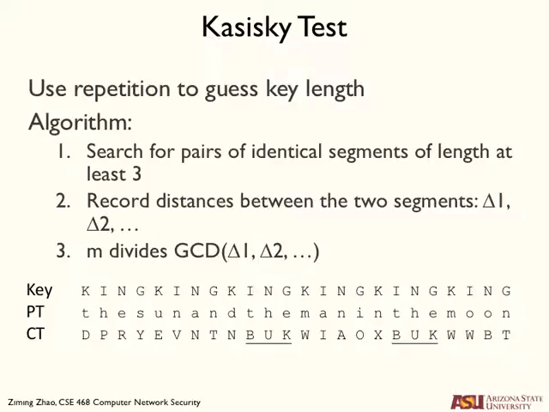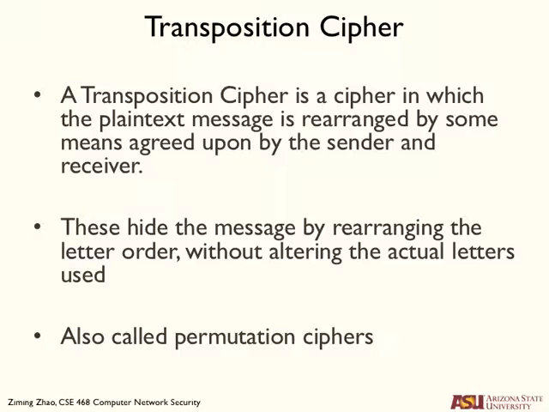So using this test, we can easily find the key length of this Vigenère cipher. And from there, we can break it down to cracking a substitution cipher, which will be much easier.